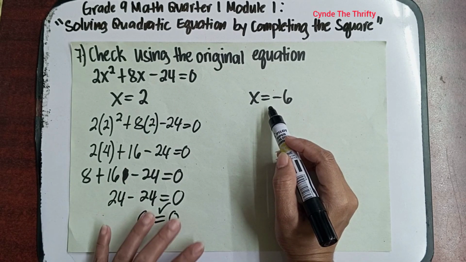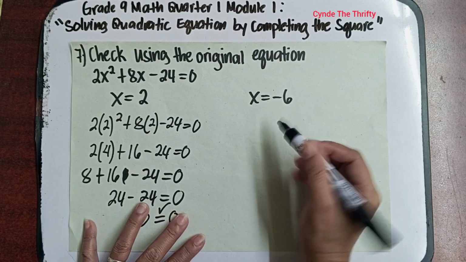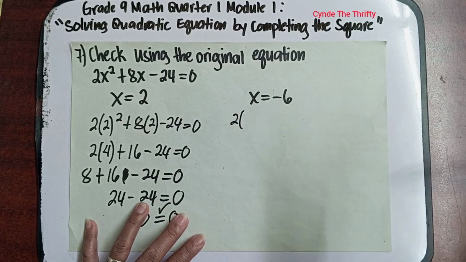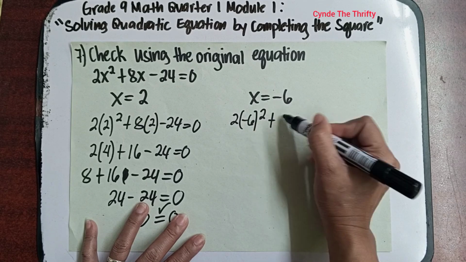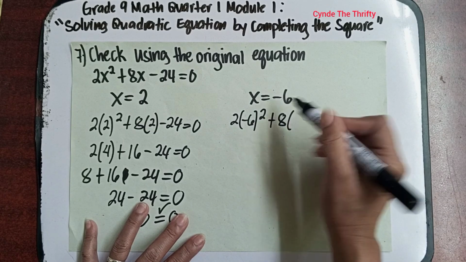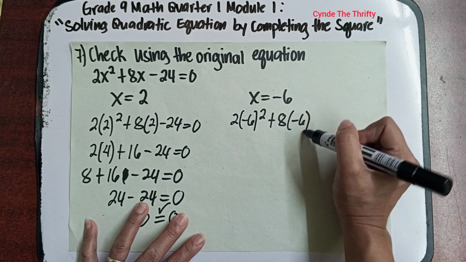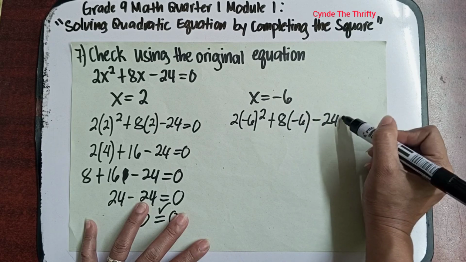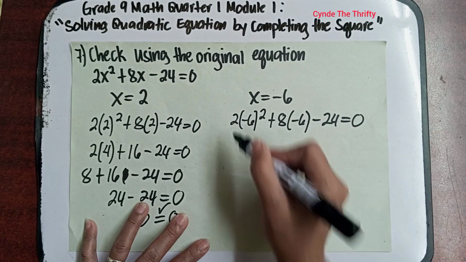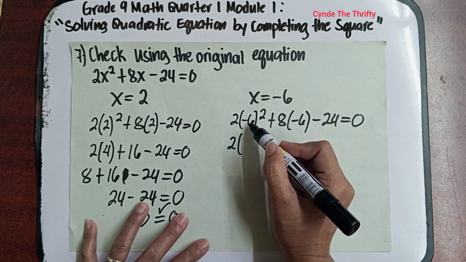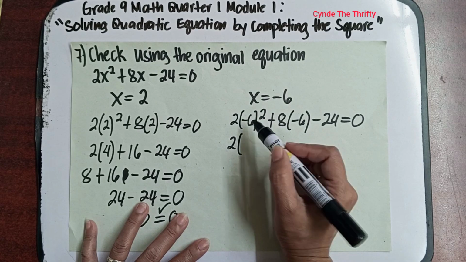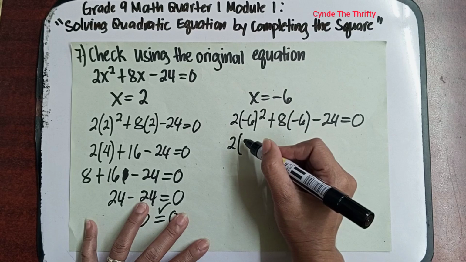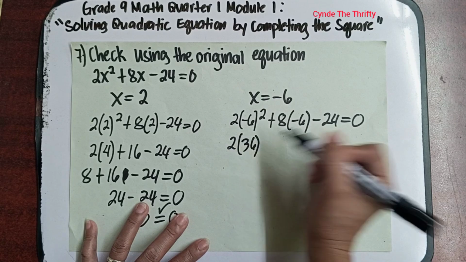Dito naman tayo kung ang value ni x is negative 6. So 2 multiplied by the value of x na negative 6 squared plus 8 times the value of x na negative 6 minus 24 is equal to 0. So negative 6 squared means negative 6 times negative 6. So that is positive 36.